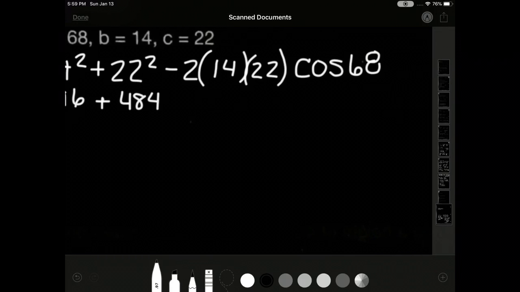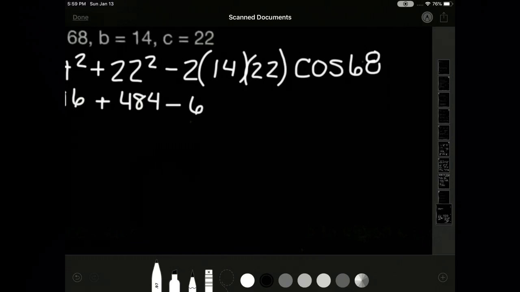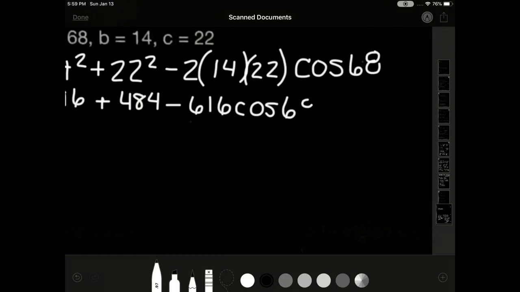And then what I'm going to do over here is multiply 2 times 14 times 22 first. So I get 616. So 616 cosine 68.